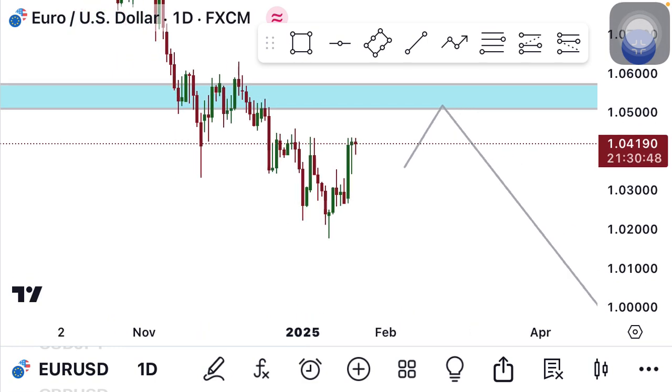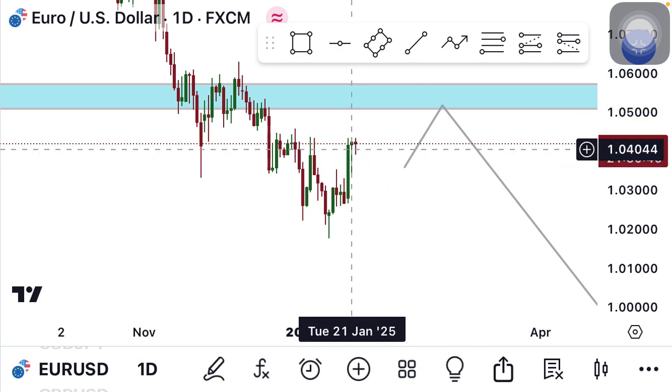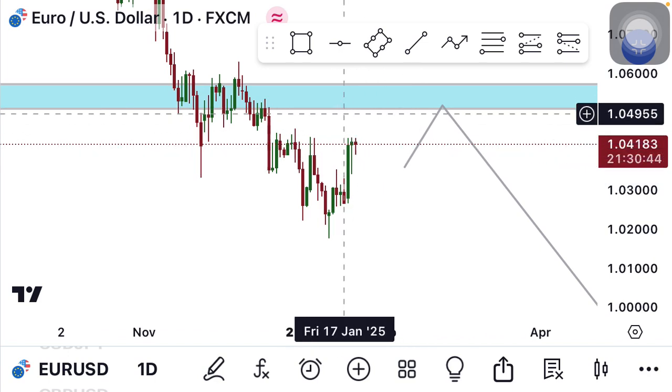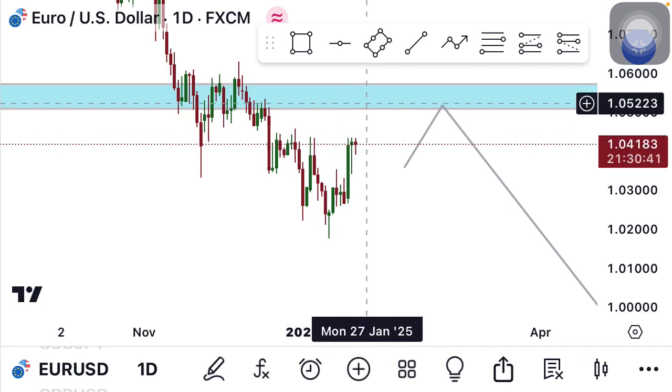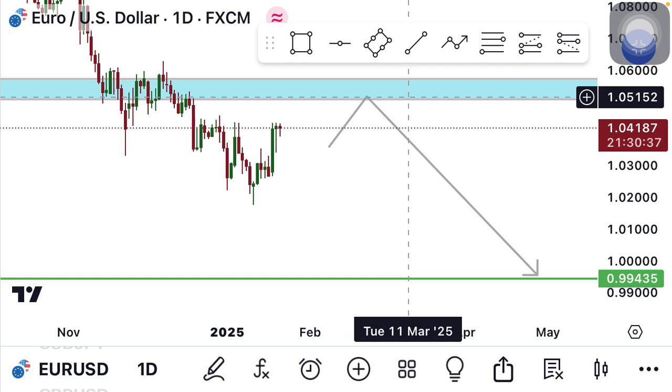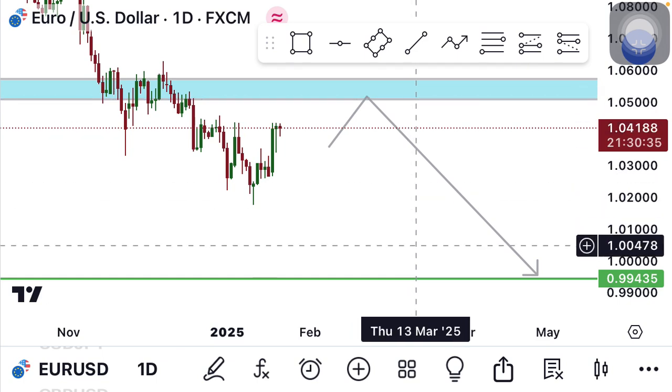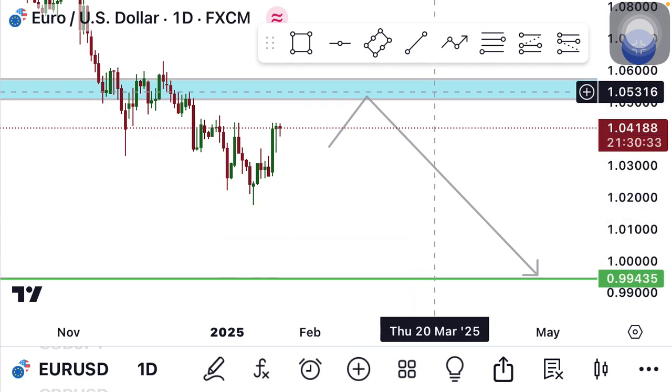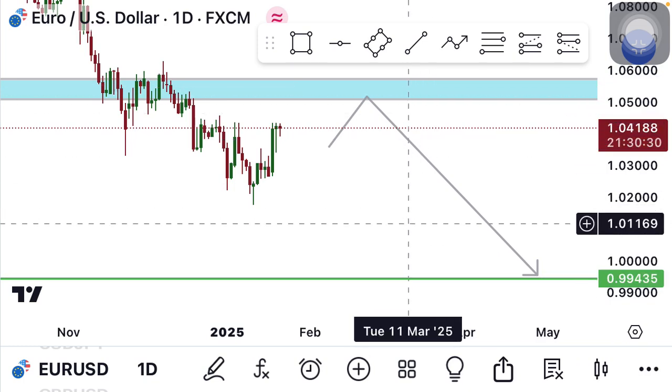In fact, if you are to buy around here and close your trade, there is nothing much here, but if you can capitalize off this massive number of pips, from about 1050, this is over 500 pips, right? This whole move is over 500 pips.